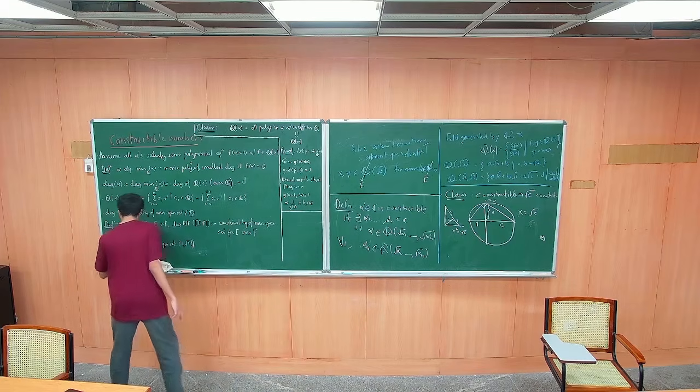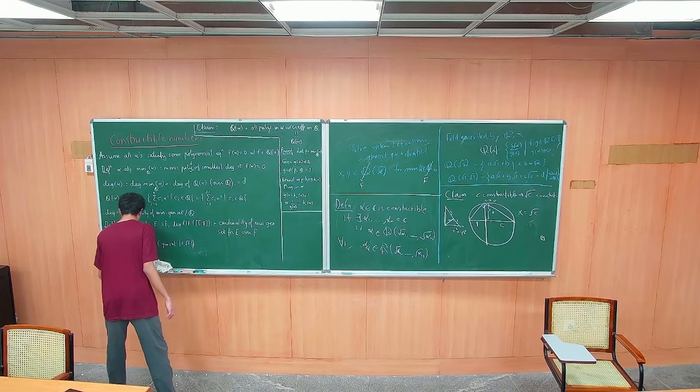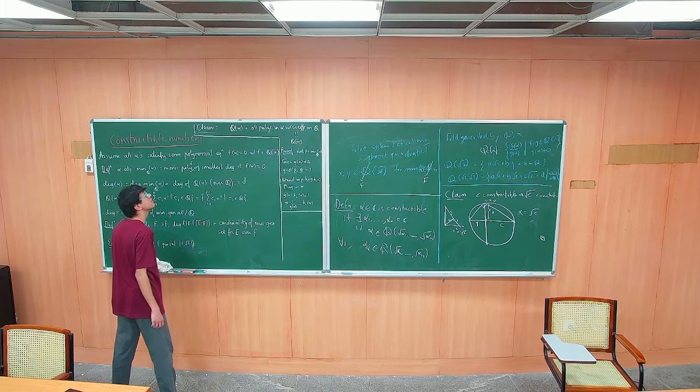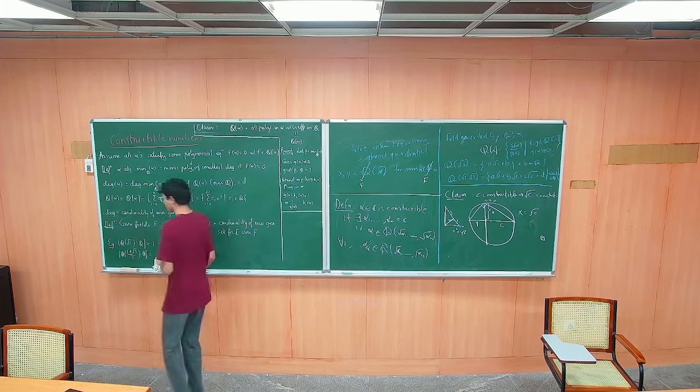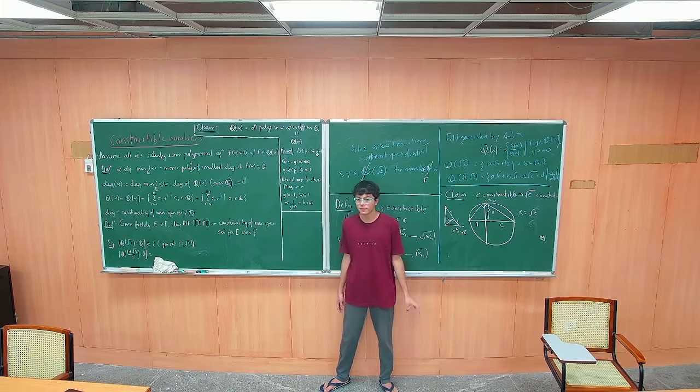Okay, what about Q adjoined the golden ratio?